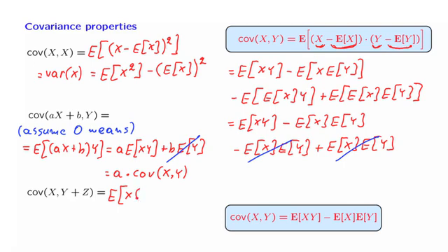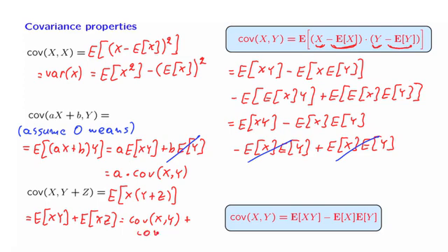The covariance is the product of the two random variables involved, and then we use linearity of expectations to write this as the expected value of x times y plus the expected value of x times z, and we recognize that this is the same as the covariance of x with y plus the covariance of x with z. So in this respect, covariances behave linearly. They behave linearly with respect to one of the arguments involved.